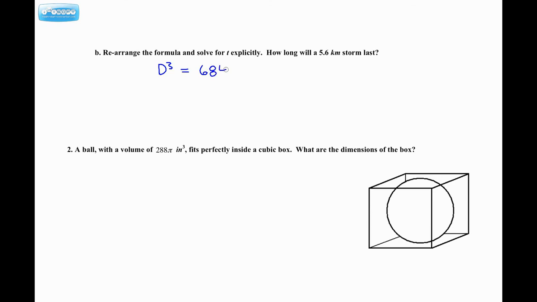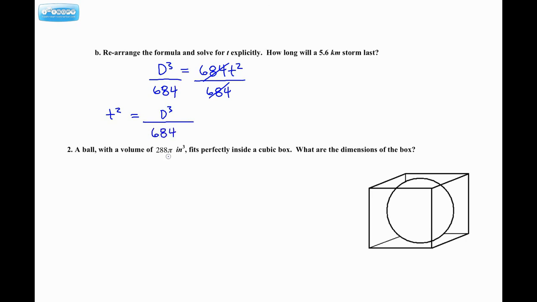684 t squared. So to solve for t, I need to get rid of the 684. And I do so by dividing both sides by that. Okay, and that cancels. So that means t squared is d cubed divided by 684.